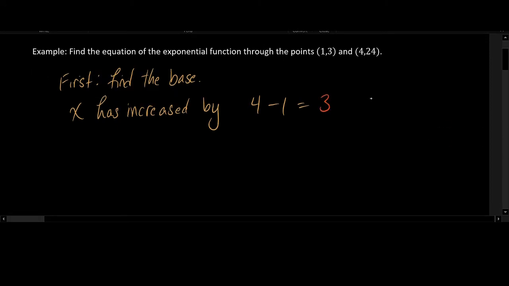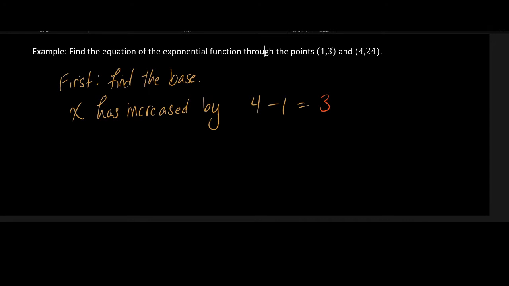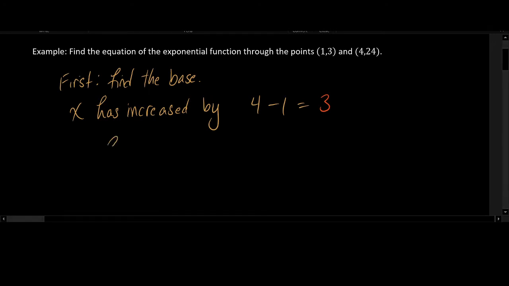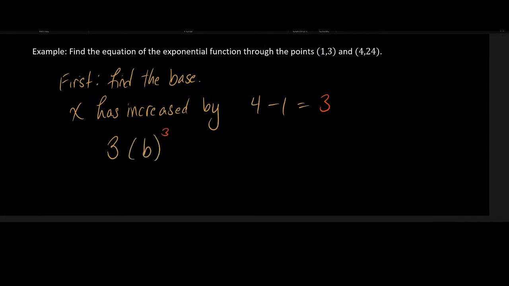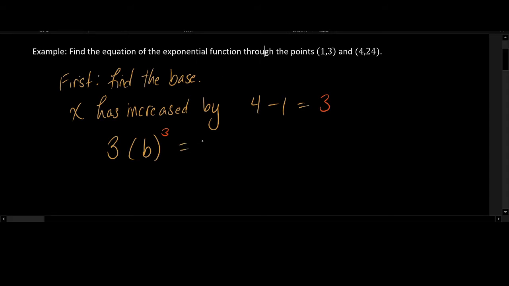Now, as a consequence of that, moving from the first y value of y equals 3 to the final y value of y equals 24, we must have multiplied by the base 3 times in total. So I'm going to write down our initial y multiplied by the base 3 times is equal to the final y value of 24.